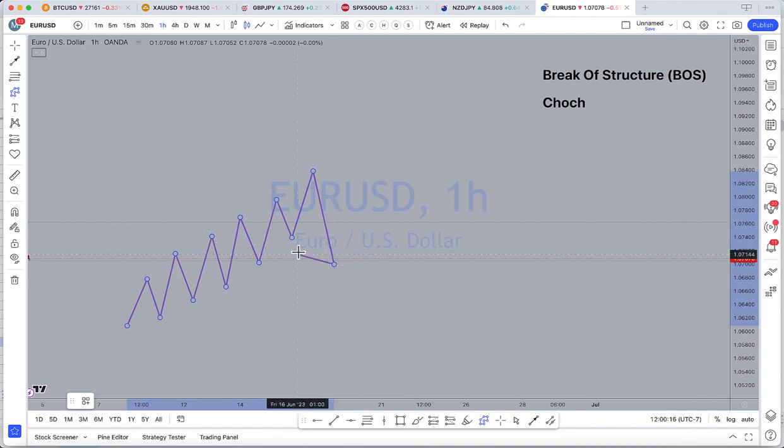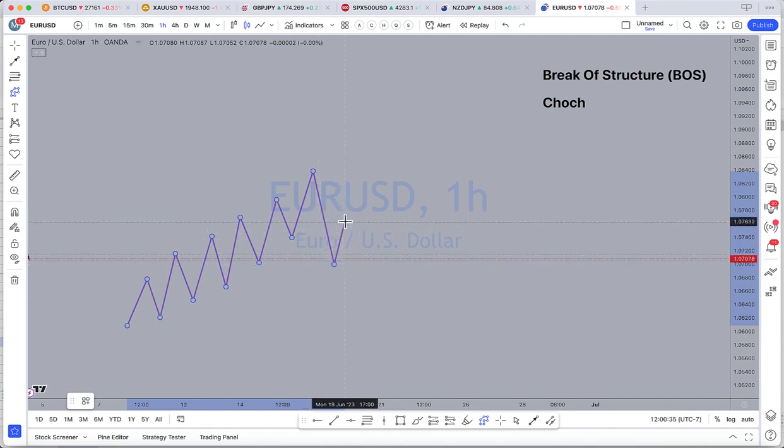Now, this first break of structure is what people like to call a change of character. Right, because you're not sold on it yet. You don't want to just go like, oh, let's start selling because it broke structure. No, that's just the first indication. You want to let price play out a little bit and tell you what it's doing.